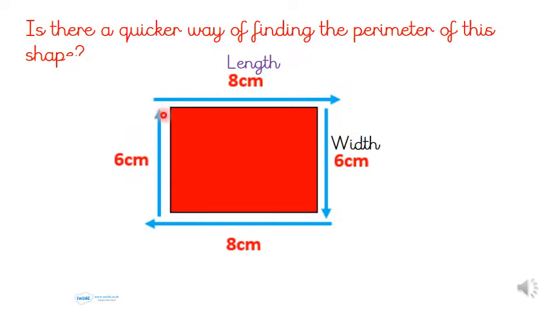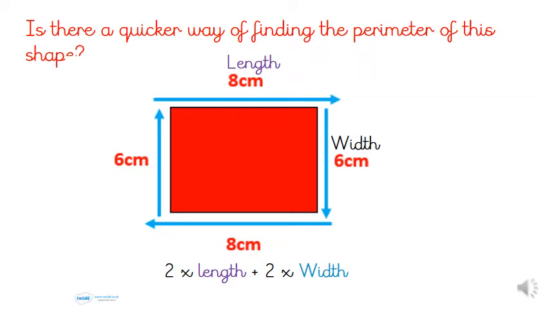Well, we know it's a rectangle, and we know that rectangles have two pairs of sides that are the same length. So we can see the lengths are both 8 centimetres and the widths are both 6 centimetres. So what we could do is 2 times the length and 2 times the width.